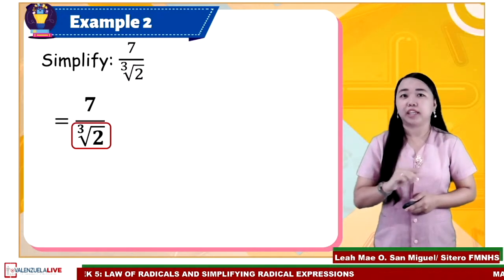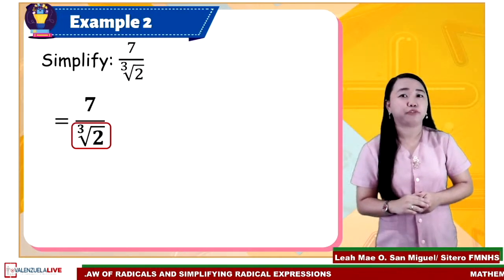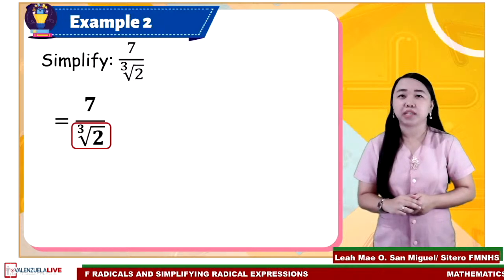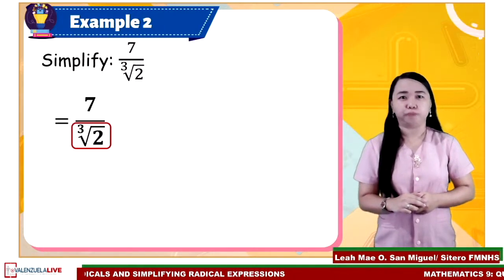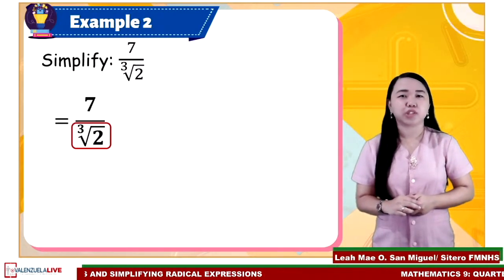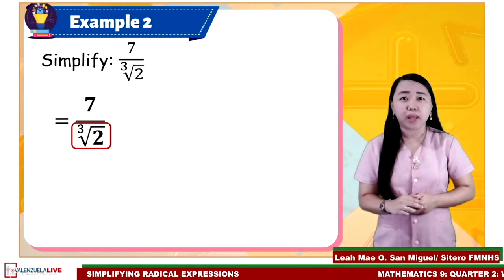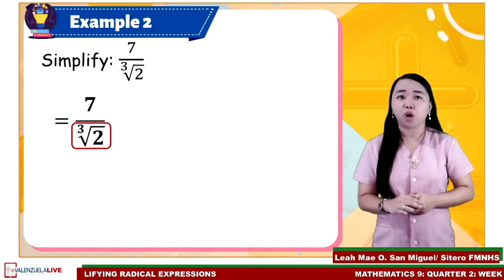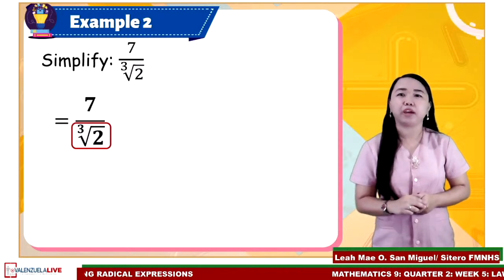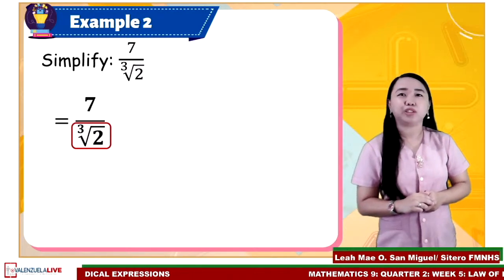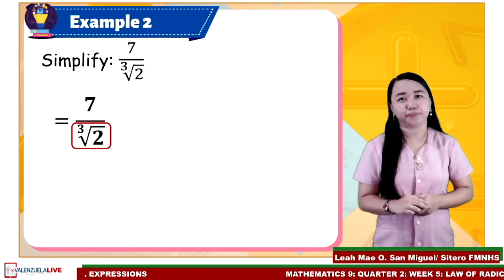Take note that to get a rational value of a cube root, the radicand must be a perfect cube. But the radicand is 2, and it is not a perfect cube. So, we must think of a multiplier that will make the radicand 2 a perfect cube.